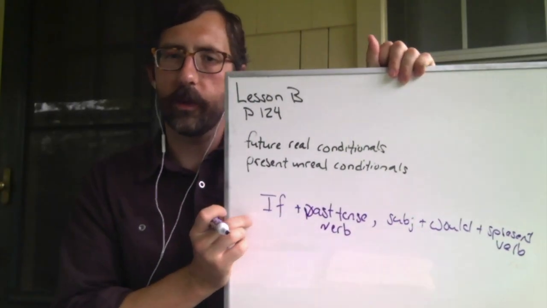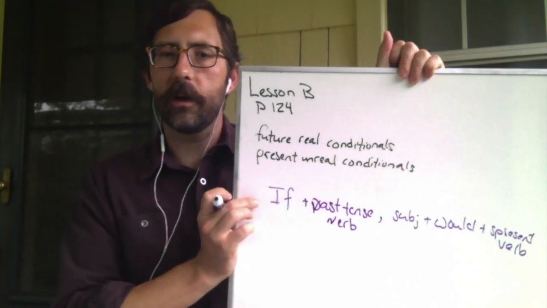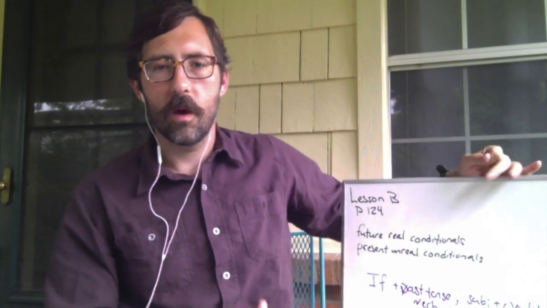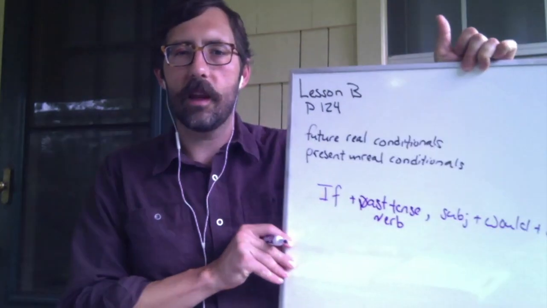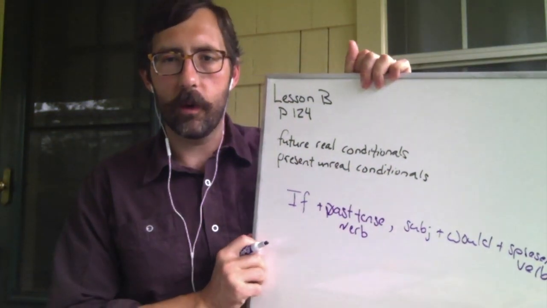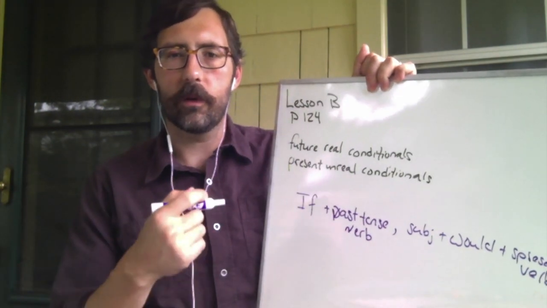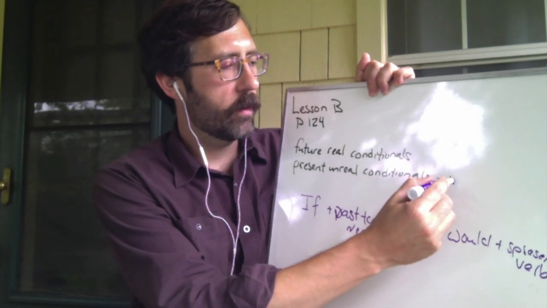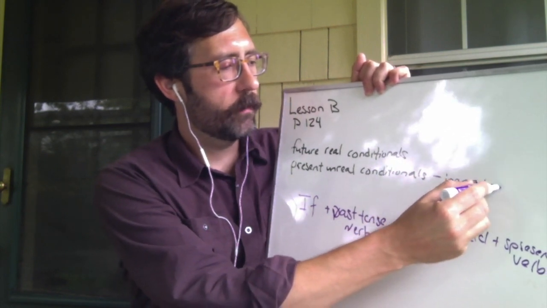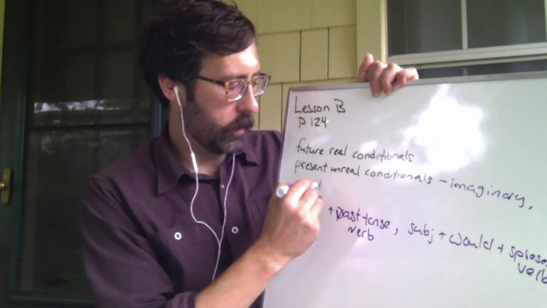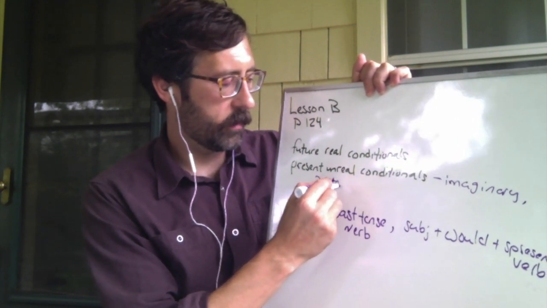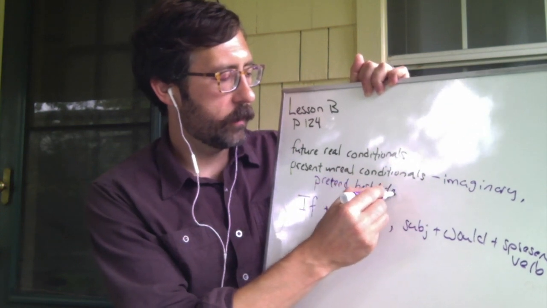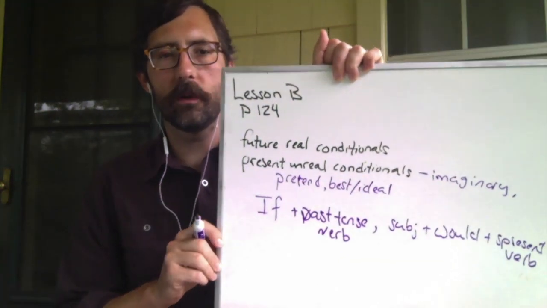If you remember, that's what we talked about, the present unreal conditionals. When we used those, it was in an imaginary world, or a pretend world, or the best or ideal world, right?